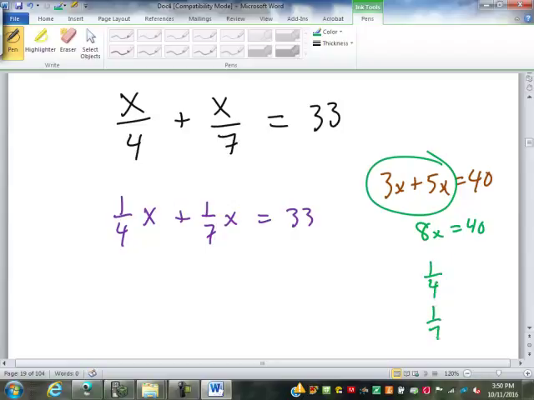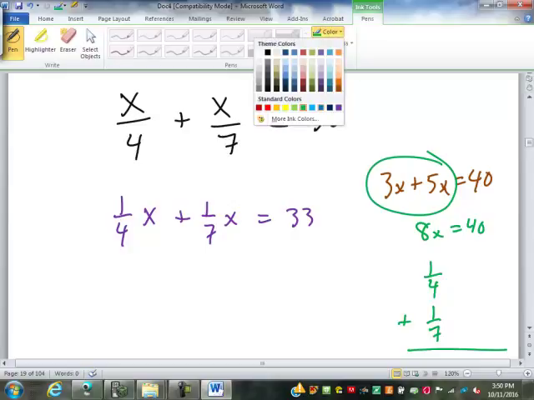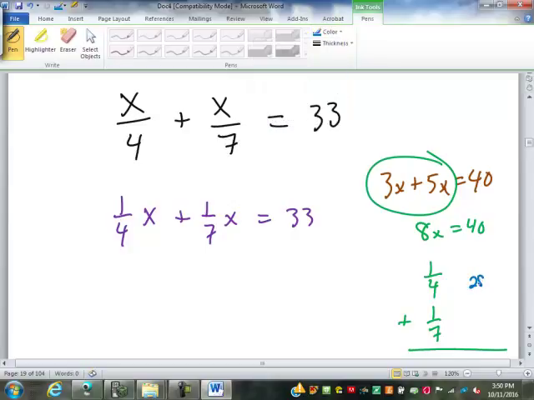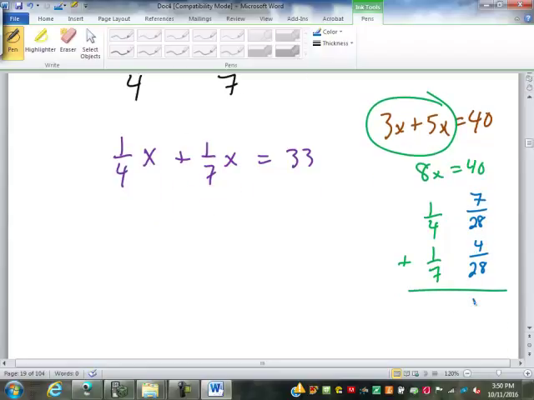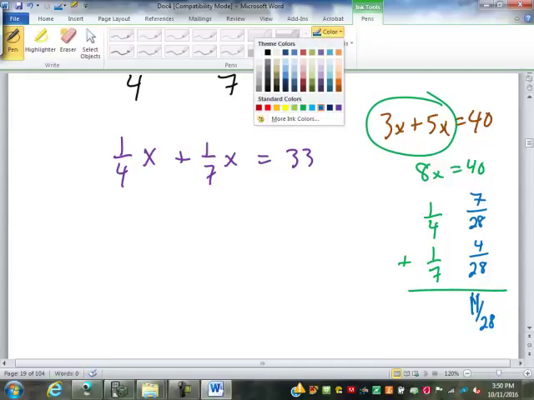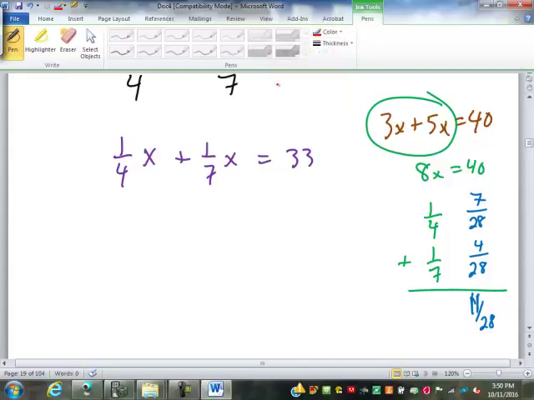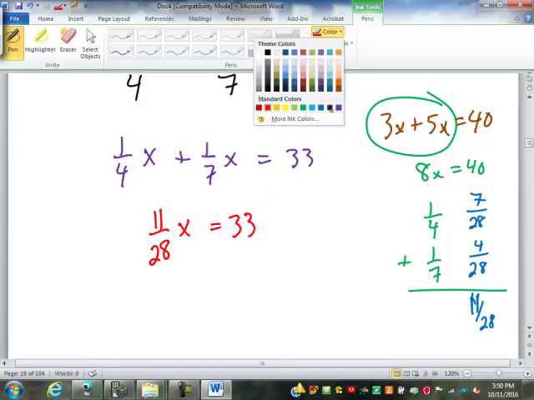So 1/4 and 1/7, to add those, our common denominator, 28, so that'll be 7/28, so 4/28, which gives us 11/28. So 1/4 x plus 1/7 x is 11/28 x equals 33.